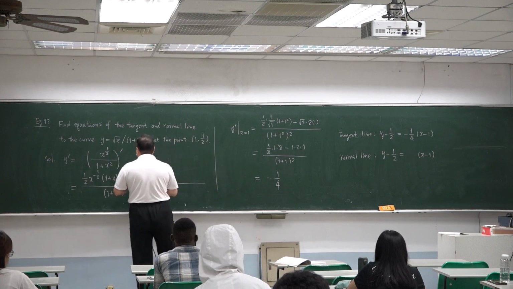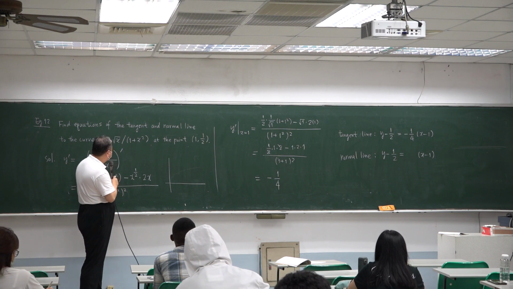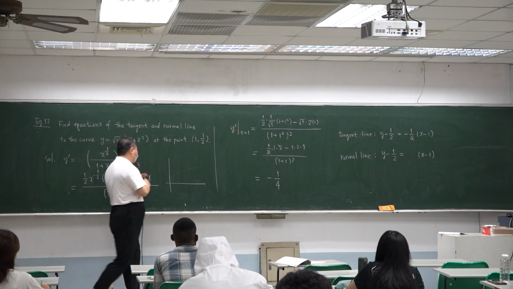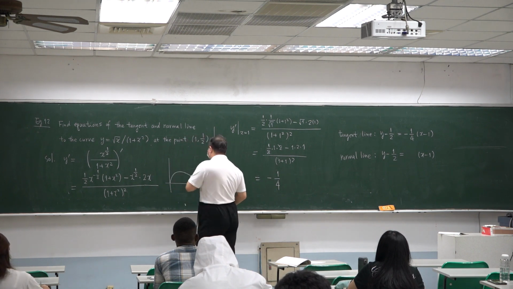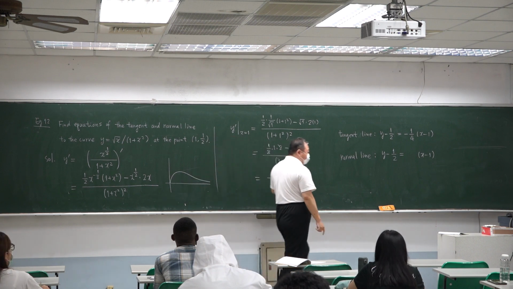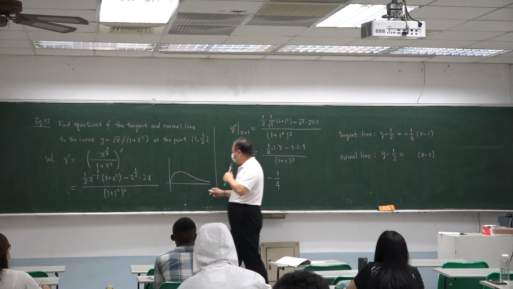But when x is larger and larger, eventually the growth of this one will be faster than this one. So maybe it looks like this. I don't know what is here or here. Let me see. So maybe here.